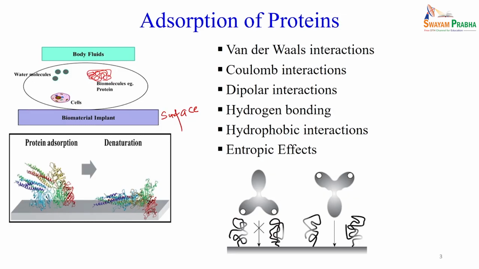Now, once protein reaches the surface, there are protein surface interactions, which we are calling the adsorption of proteins, depending on the various interactions between surface and protein, including van der Waals interaction, electrostatic interaction, dipolar interaction, hydrogen bonding, hydrophobic interaction as well as the entropic effects.